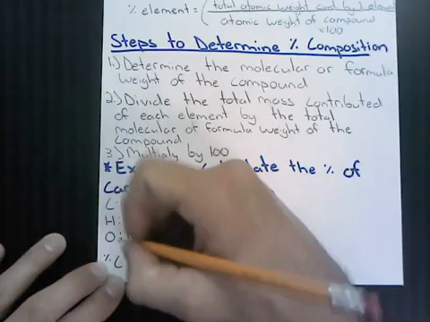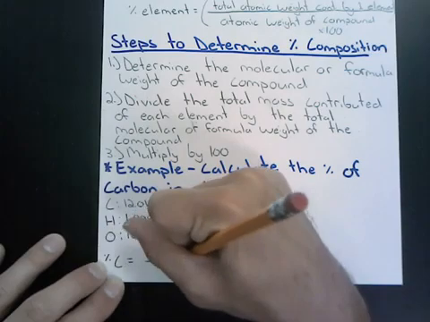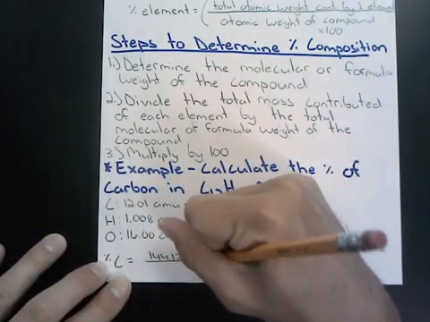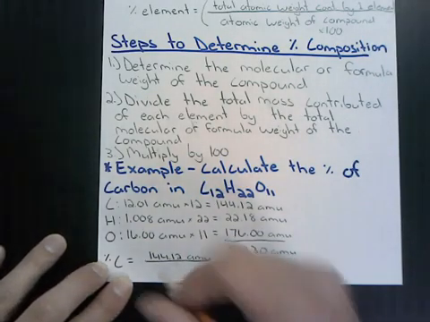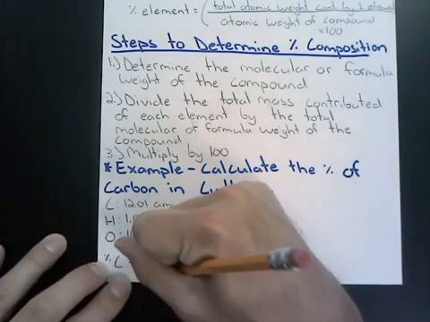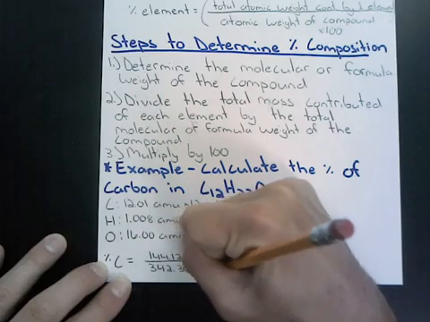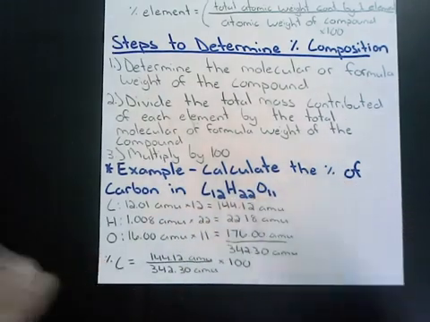So right here, this is 144.12 AMU divided by the total mass of this sugar compound, which is 342.30 AMU, and then we multiply that by 100.